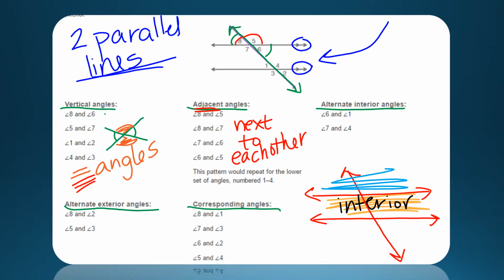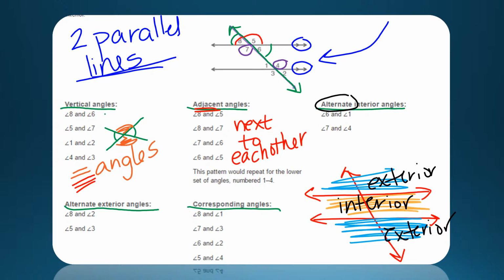Exterior would be everything outside of those two lines that I'm doing in blue, outside of those parallel lines. Now, if it's alternate, remember alternate means not next to each other. So if you look at this picture, 4 is inside the parallel lines. If you go across, 7, they're alternate. They're not next to each other, but they're both inside.